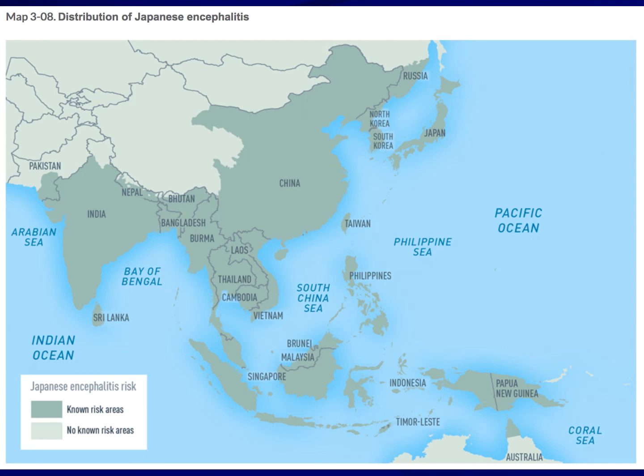When we look at Vietnam, we see the entire place says it's a known risk area. So that is not very helpful. We need to look further and go into the text itself. There will be a table after the map that will provide you more information.